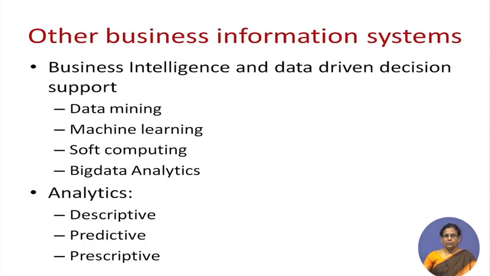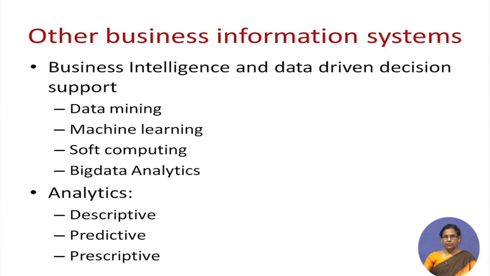And there are other business information systems as well, which include business intelligence and data driven decision making systems, which help support decision making. They basically use data mining, machine learning, soft computing, and big data analytics. There are again support systems which use various kinds of analytics.